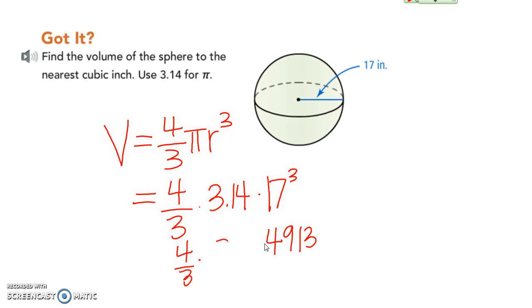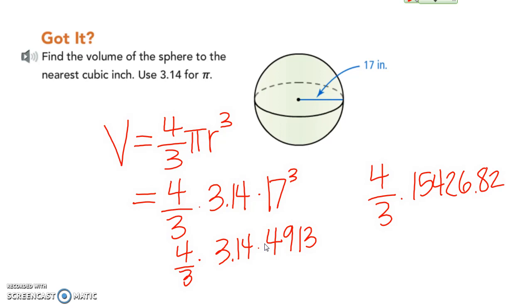Bring everything else down. Now I'm going to multiply that times 3.14, and I have my answer in my calculator. That's 4/3 times 15426.82. So now, like I was telling you earlier, first we're going to multiply times 4, and then we're going to divide by 3. And we're doing this all in the calculator.